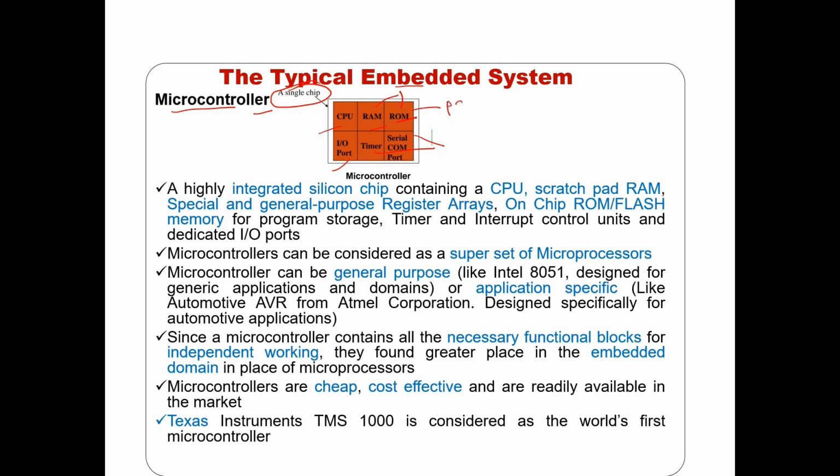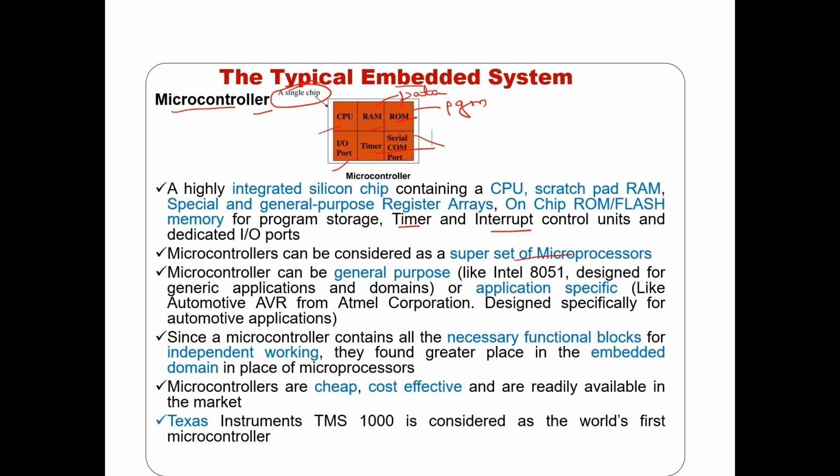This is for program storage, and this will be used for data storage. Apart from this, the other blocks of an embedded system include the timer, interrupt controller, and the dedicated I/O ports. Since microcontrollers have all the peripheral components on a single chip, they are considered a superset of the microprocessor.